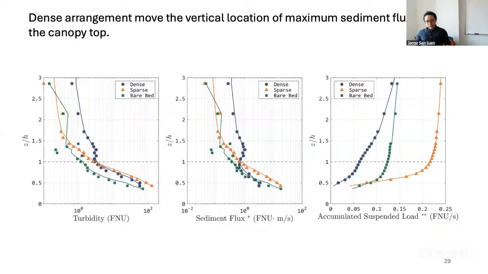Looking into the turbidity as a proxy for suspended sediment, at this point we're working on the calibration right now. I want you to focus on the left graph. You'll see that the dense condition has higher turbidity above the level number 1, which is the level of the top of the oysters.